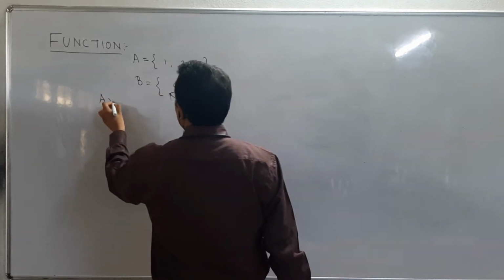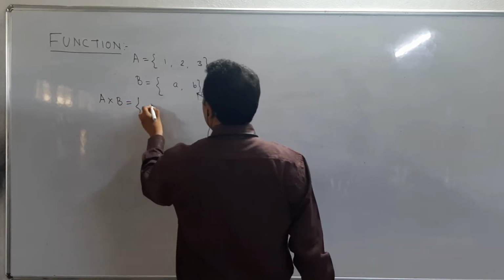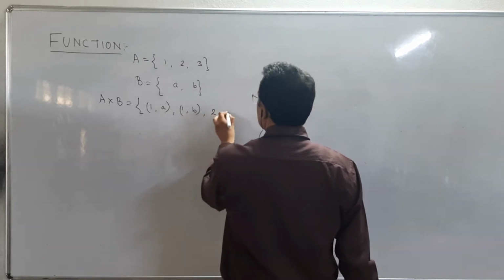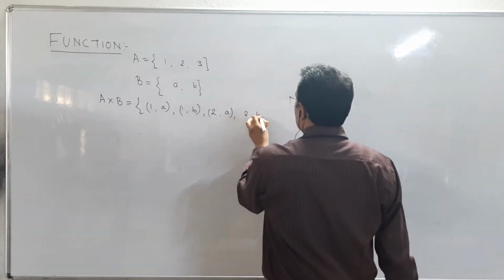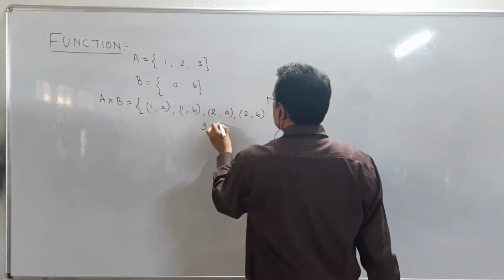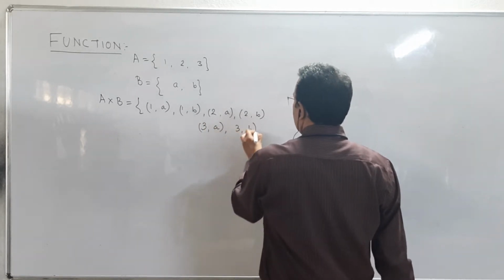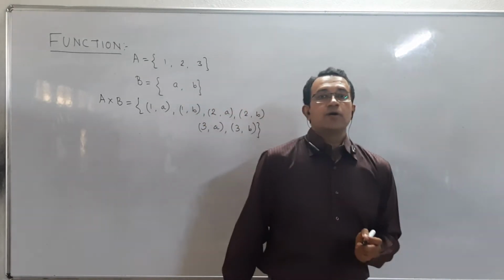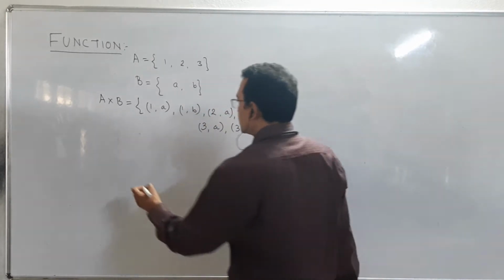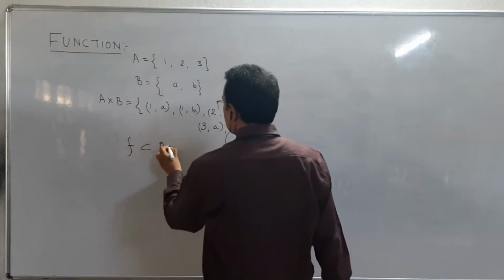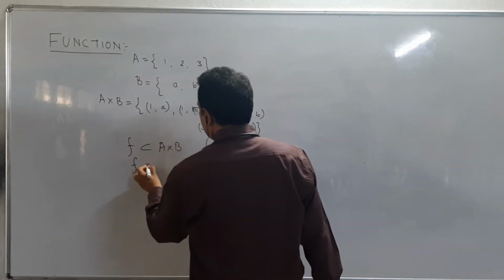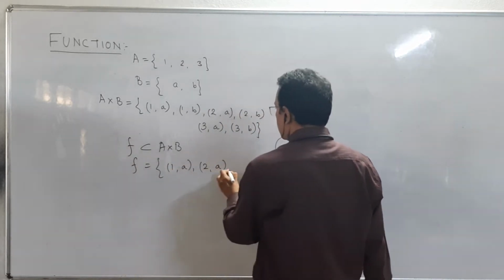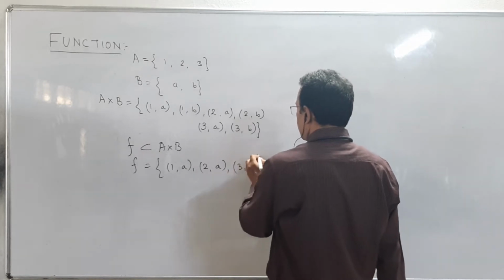So all of you know that A cross B will be the set of ordered pairs (1,a), (1,b), (2,a), (2,b), and then (3,a) and (3,b). Now I write F as a subset of A cross B, and F is written as {(1,a), (2,a), (3,b)}.